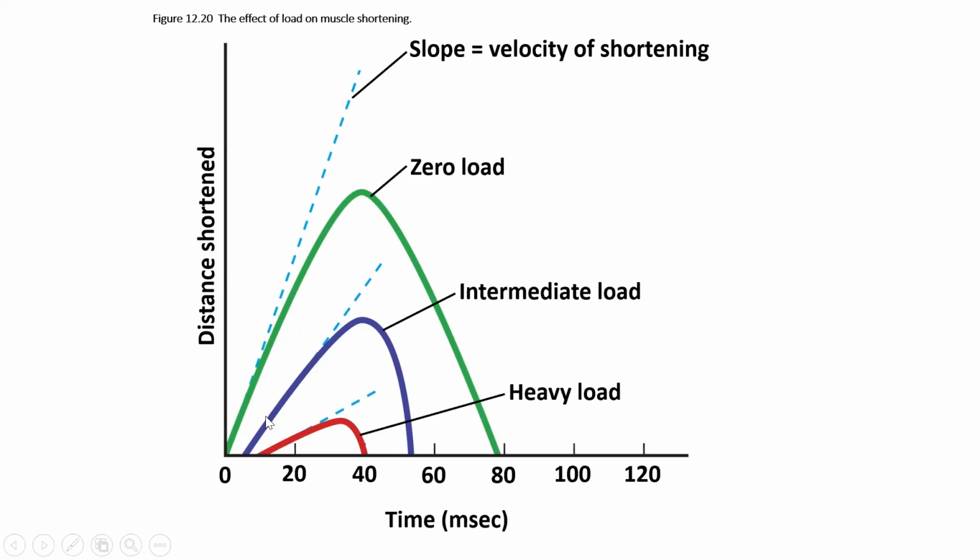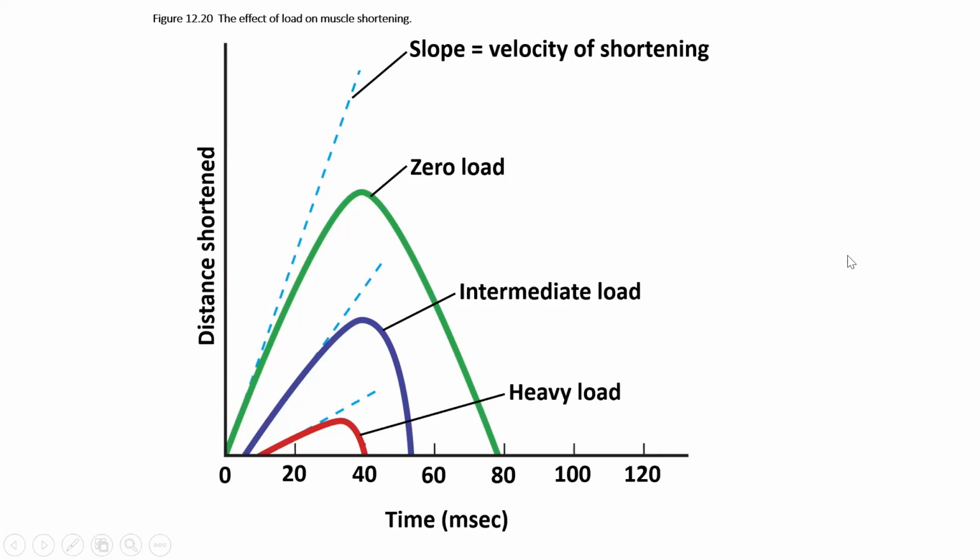We can compare that to an intermediate load where we've got a longer duration in terms of the latent period. We've got a shorter duration in terms of how long that contraction can be sustained. And then we've got an even more horizontal graph here. The slope of the graph is going to take a little bit more time in terms of the velocity of that shortening.